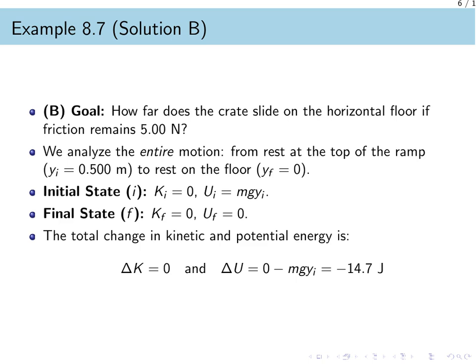The initial potential energy is still U initial equals mgy initial, and the final potential energy, U final, is 0. This means the total change in potential energy, delta U, is negative mgy initial, which is negative 14.7 joules.